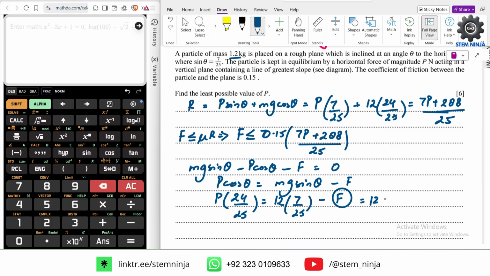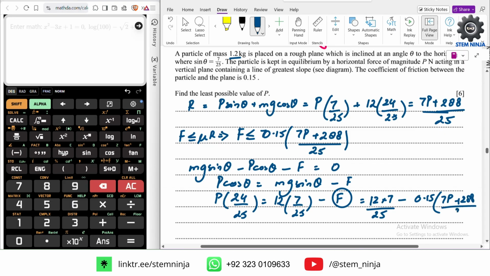So 12 times 7 over 25 minus this thing, 0.15 (7P plus 288 over 25).